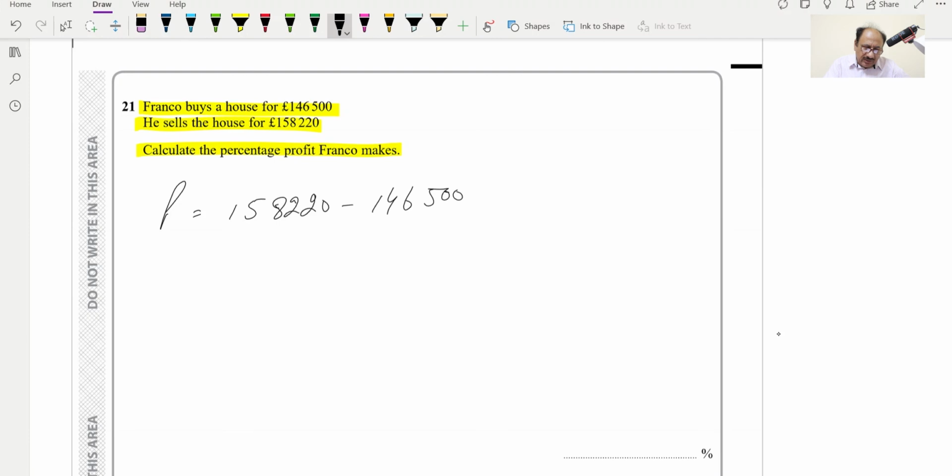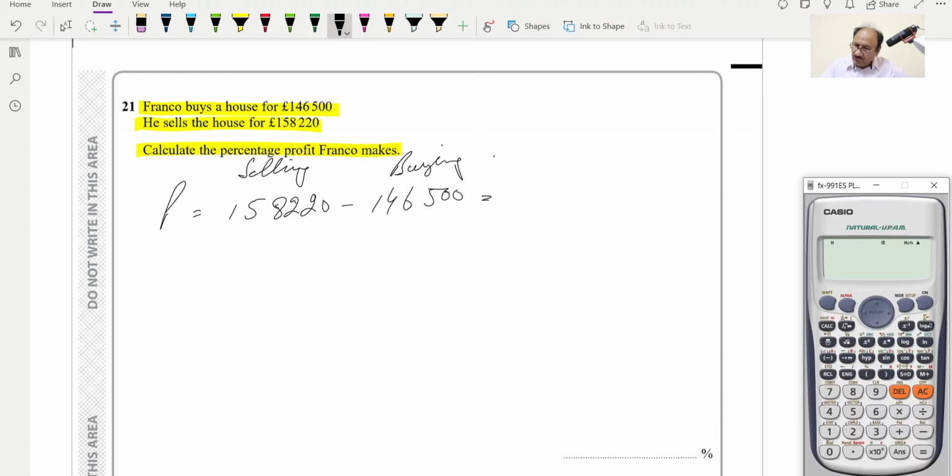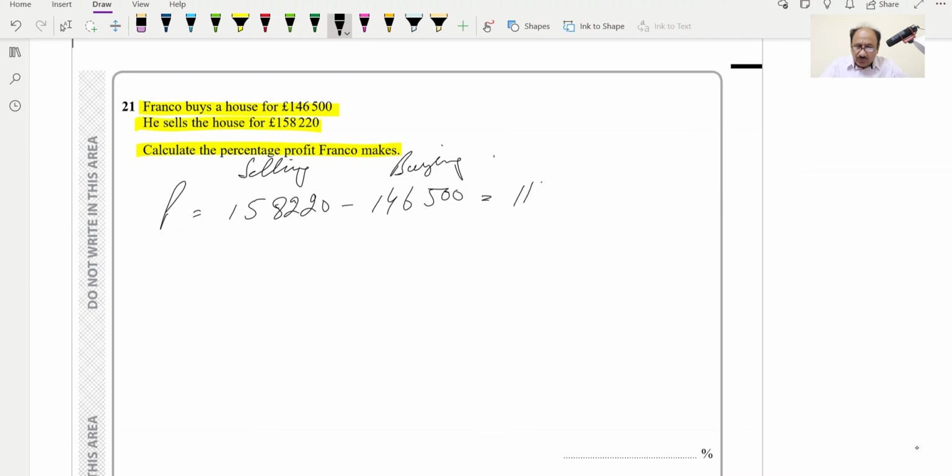So selling minus buying. So this will be equal to what? This will be 158,220 minus 146,500, and this will be equal to 11,720, and this will be in terms of pounds basically.